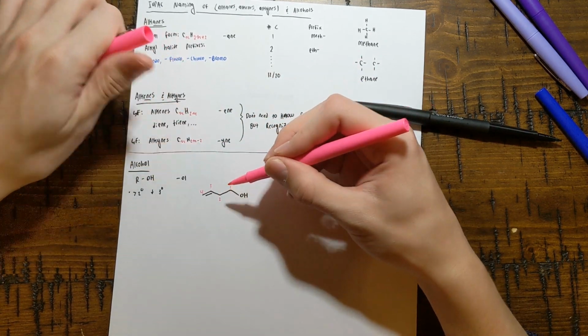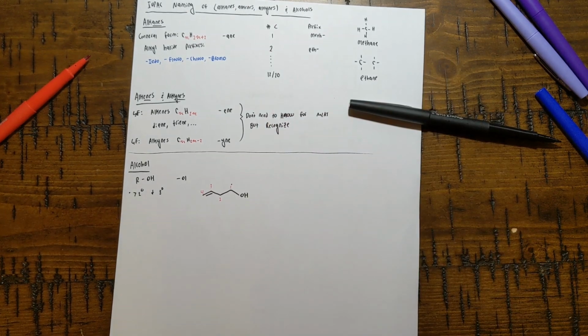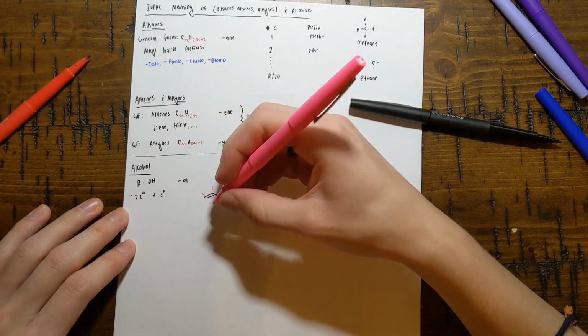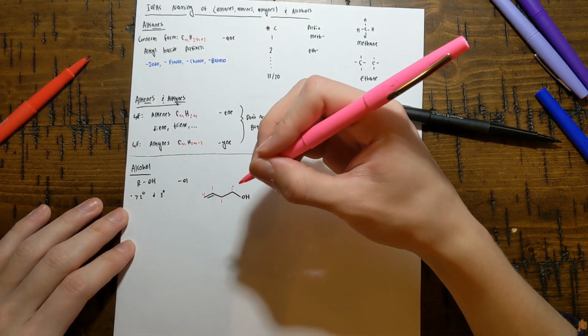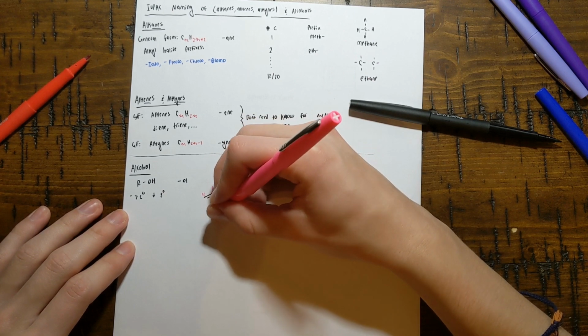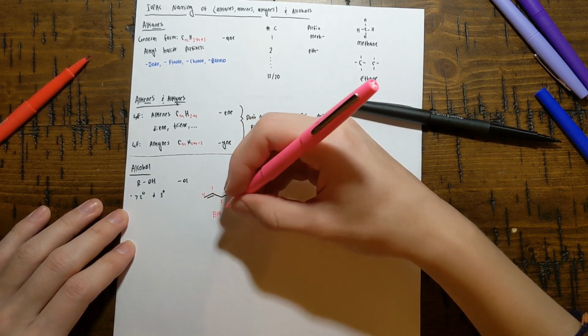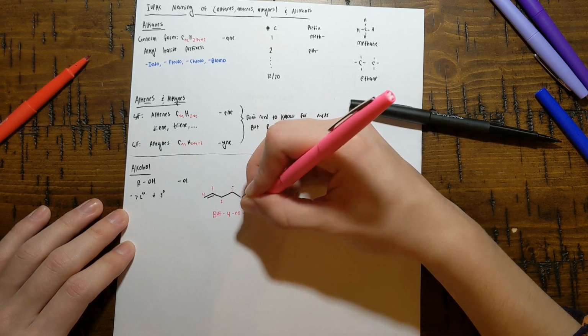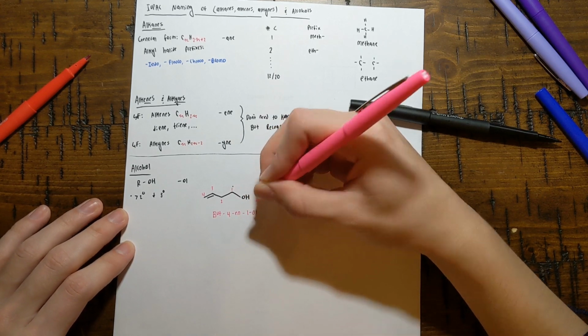The reason this is 1 is because, again, we want our carbons to be closest to the highest oxidized functional group. So what we're going to have is but-3-en-1-ol, something like that.